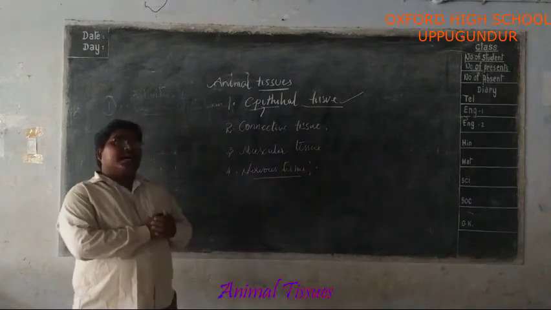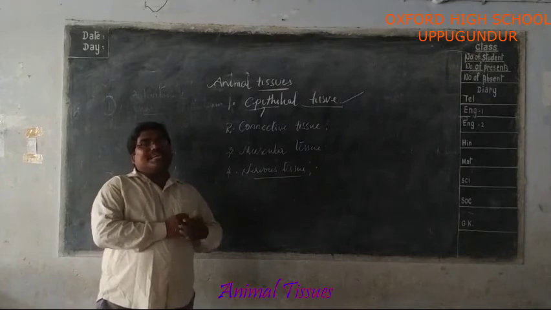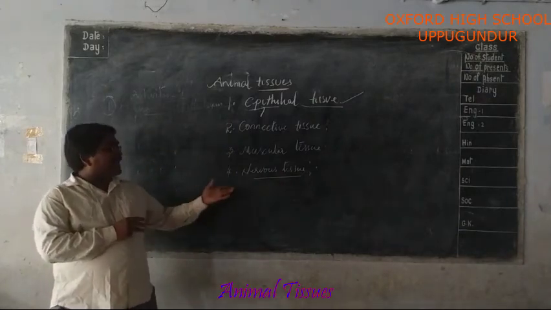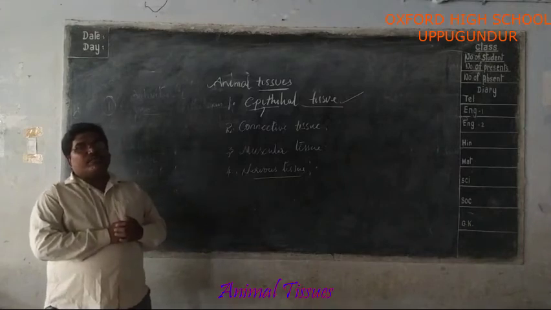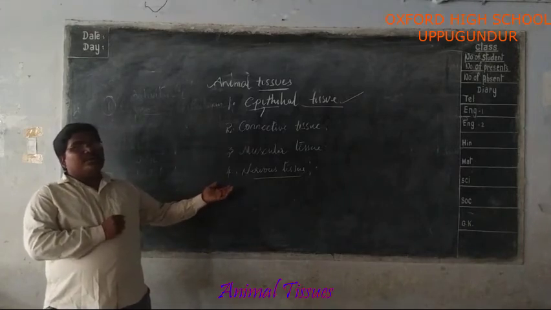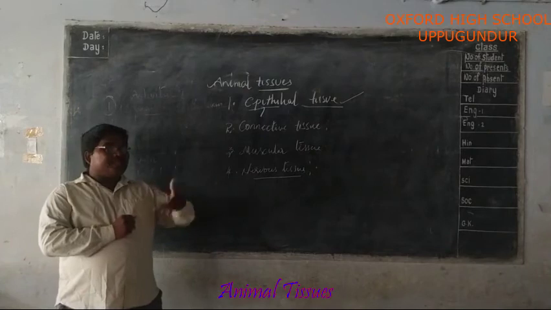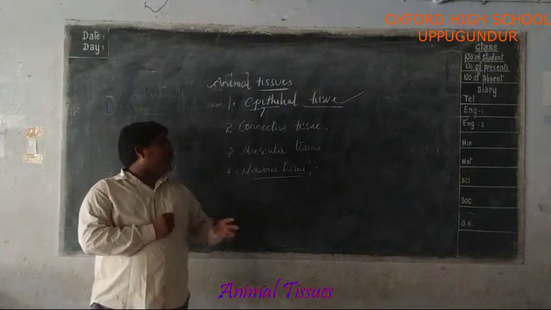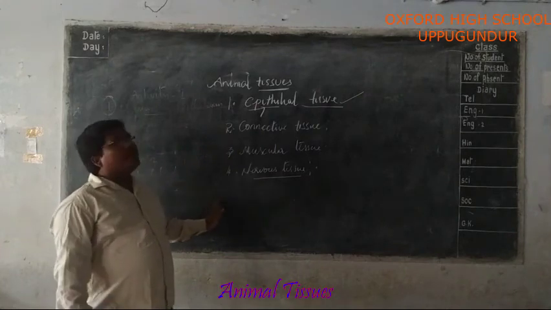Tissue that helps in the response to internal and external stimuli in a specific manner is called nervous tissue. These are the four types of tissues.